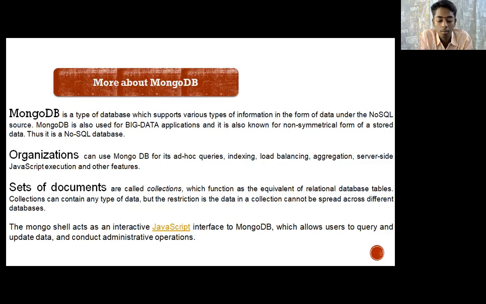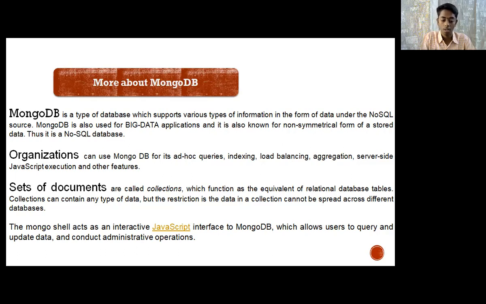Organizations like Infosys, Wipro, Deloitte, Google, etc. can use MongoDB for ad hoc queries, indexing, load balancing, aggregation, server-side JavaScript execution, and other required user interface features. A set of documents is called a collection.